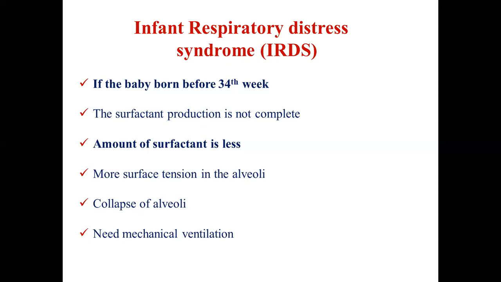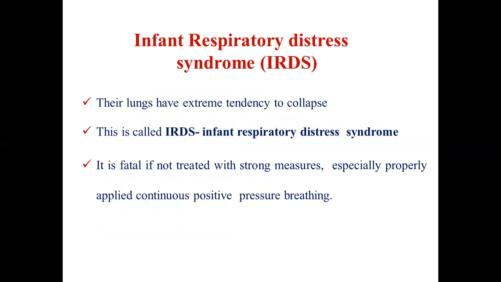So if the baby is born before the 34th week, surfactant production will not be complete and the amount of surfactant will be less. There will be more surface tension in the alveoli and collapse of the alveoli, and due to that there is a problem in ventilation. So these babies will require mechanical ventilation. They have an extreme tendency to collapse, so they are not able to expand.